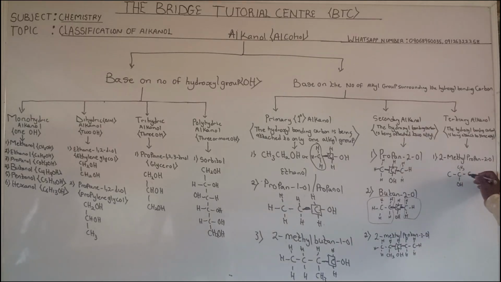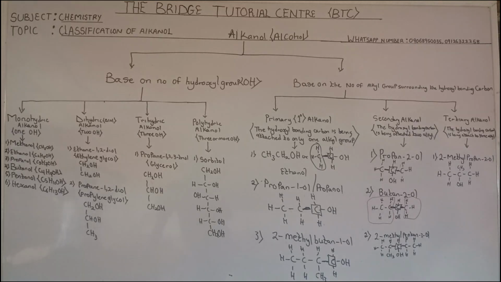To complete our structure, we have 4 bonds that must surround each carbon. 1, 2, 3, 4. This one is complete. We have H, H, H, H, H, and H. So this is 2-methylpropan-2-ol.